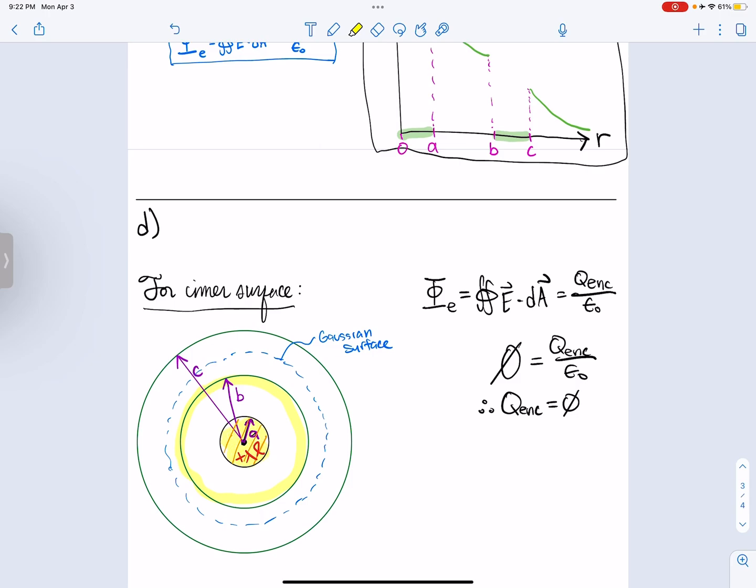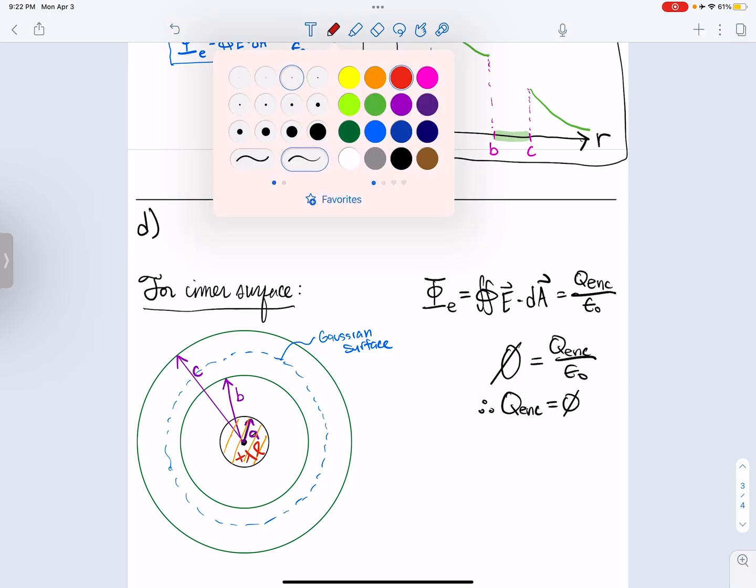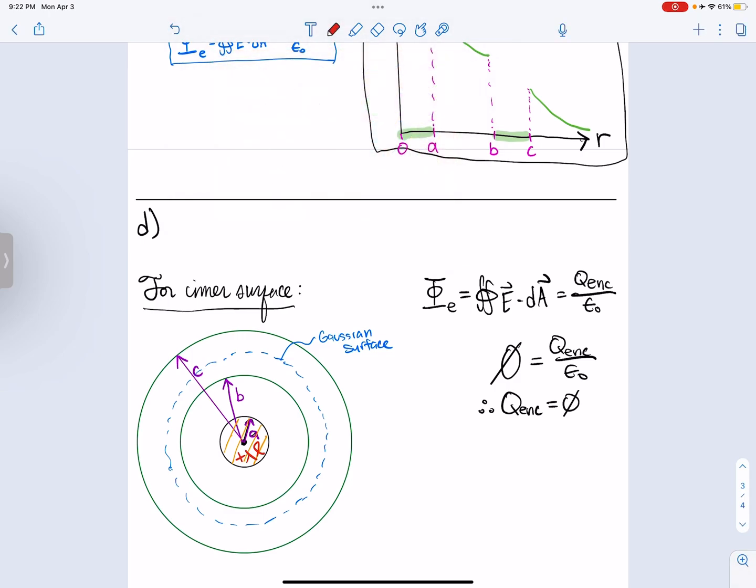So the inner surface of the outer cylinder will have a charge of negative lambda L, to neutralize the positive lambda L inside, so that the charge enclosed in my Gaussian surface is equal to 0.